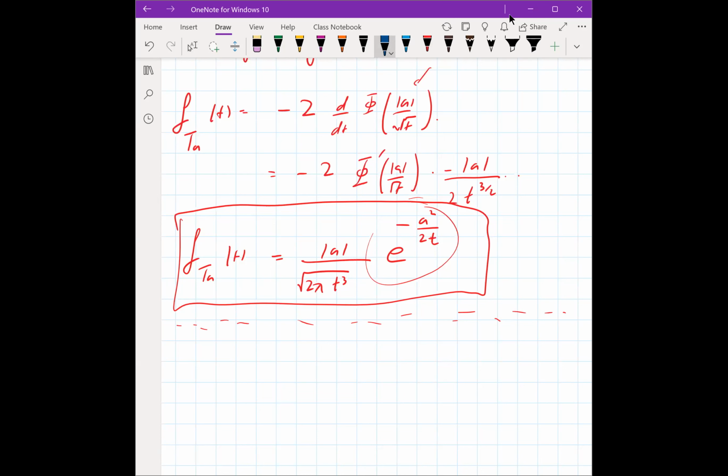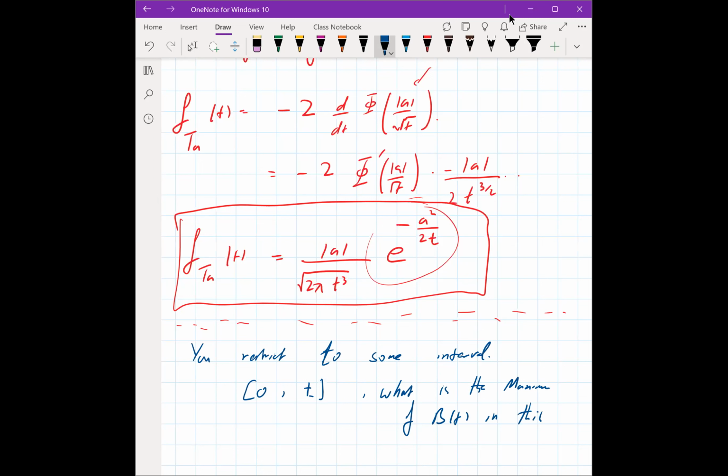Now suppose you restrict to some interval. So you start at 0 and you wait until time t. And the question is, how far would you go in this interval?